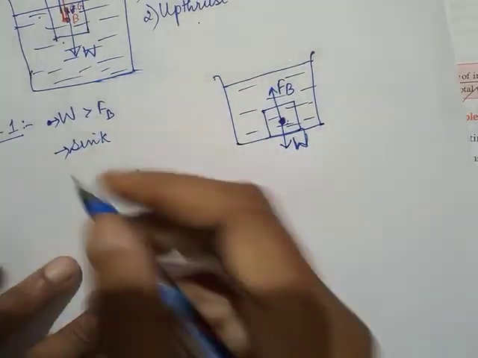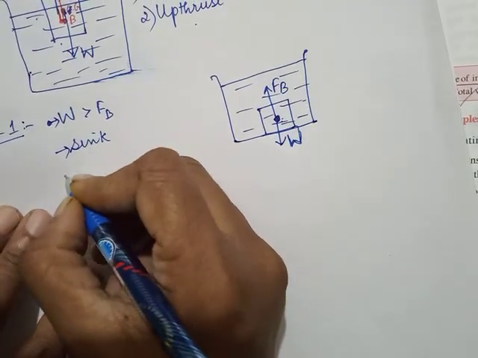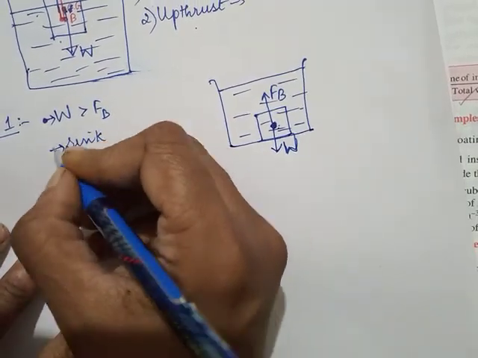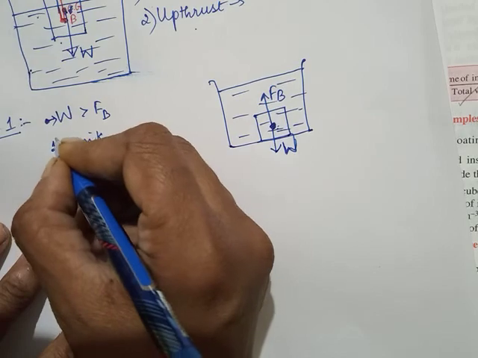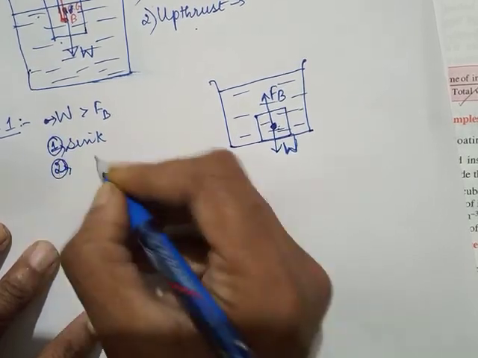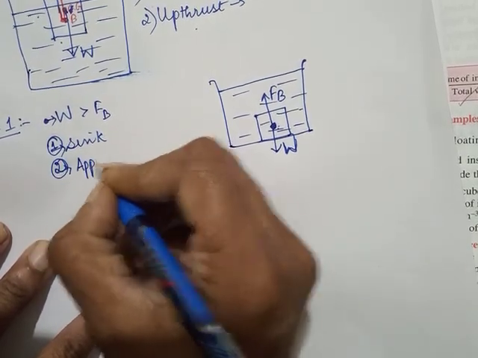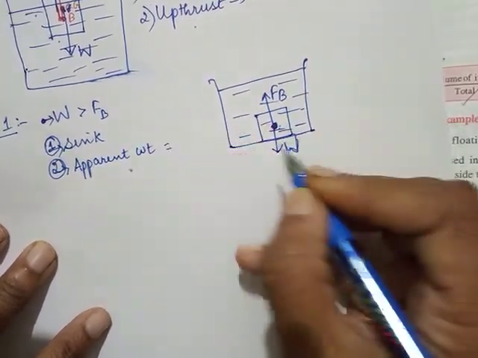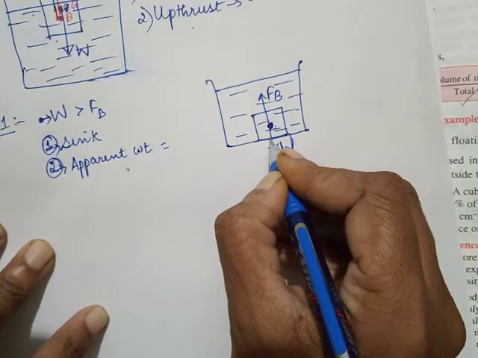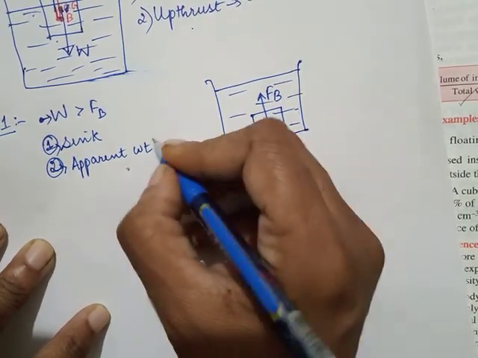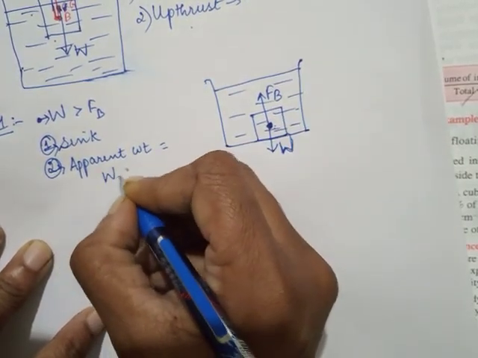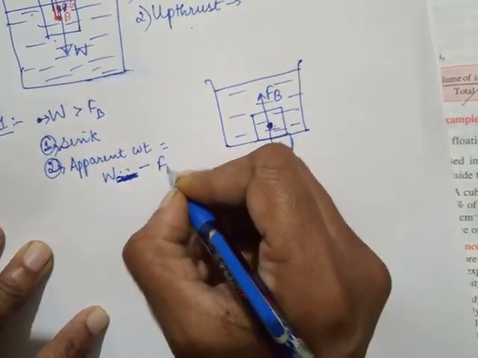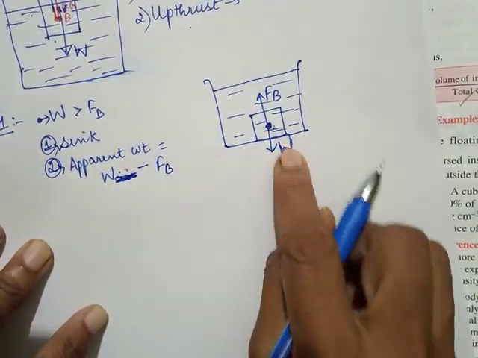These are the conclusions. Body will sink. Second conclusion, the apparent weight of the body. Apparent weight means weight in the liquid. So this body will have an apparent weight, that is W minus upthrust, weight in air minus upthrust.